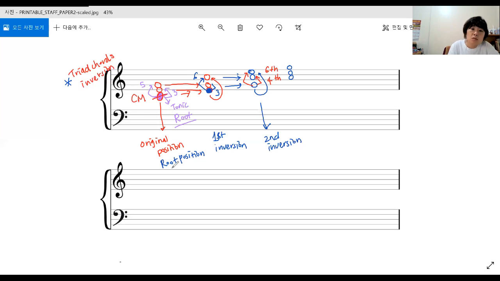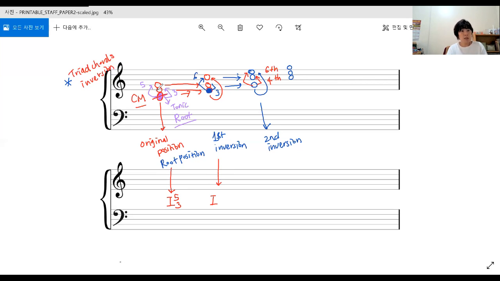So when you look at your theory book, the first note interval is 3, 5, right? And then this one is still a C chord, okay? This is still a C chord because the notes that it consists of are the same.